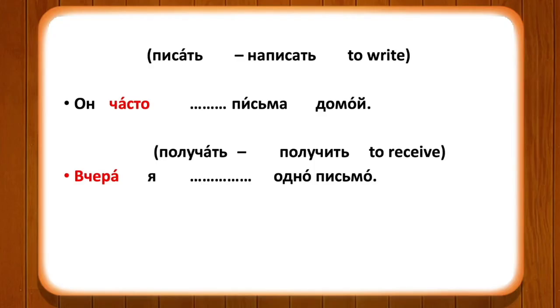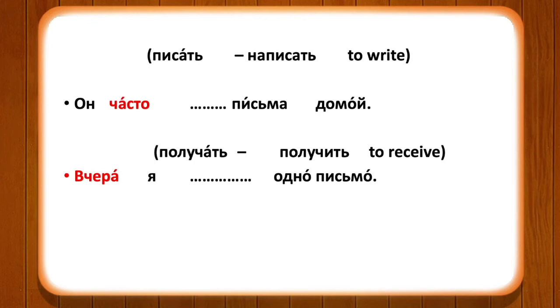In the next sentence, choose the appropriate verb. Писать, написать. Let us see. Он часто dash письма домой. Now here the choice of the aspect is very clear because of the adverb часто. Часто means often.